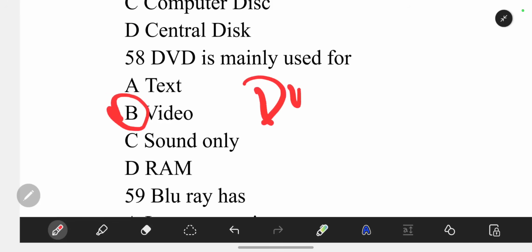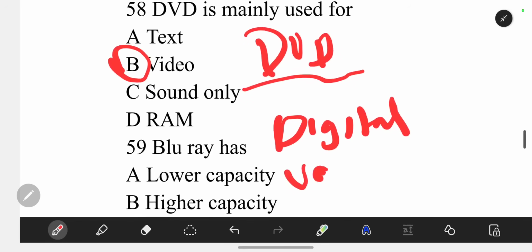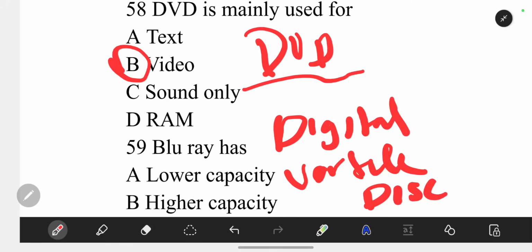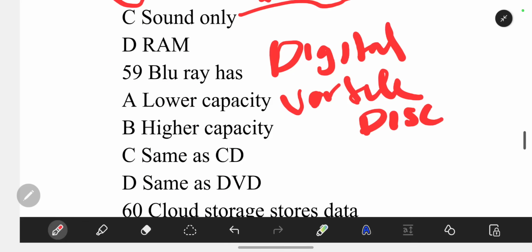A long time ago, we used to use DVDs for our video. So the meaning of DVD is digital versatile disc.